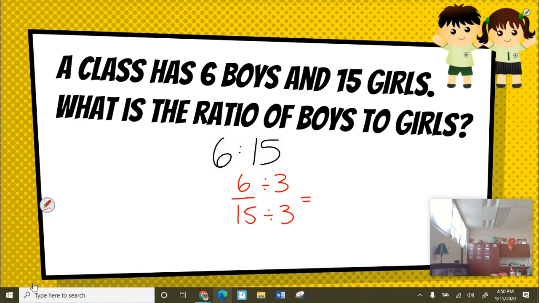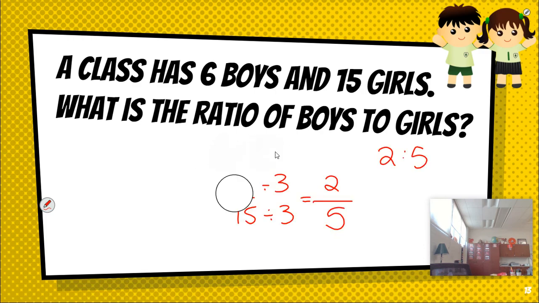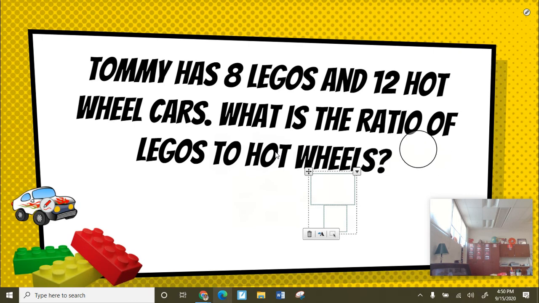So 6 divided by 3 is 2, 15 divided by 3 is 5. So this ratio would be read as, for every 2 boys, there are 5 girls. See how that works? We brought it to simplest form, and then we read it as, for every 2 boys, there are 5 girls.